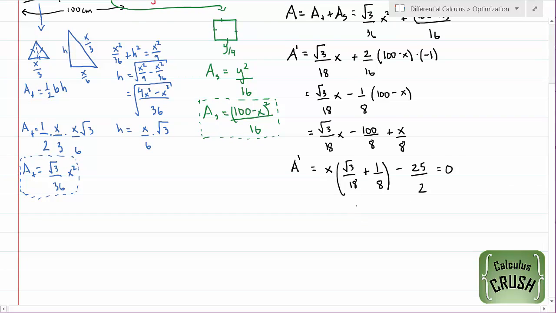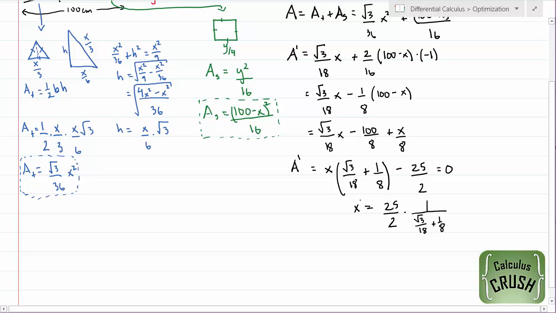So what we need to do, x equals 25 divided by 2. And this whole thing is divided by, but I don't want to write it like that. I'm going to go times 1 over this thing. Root 3 over 18 plus 1 over 8.